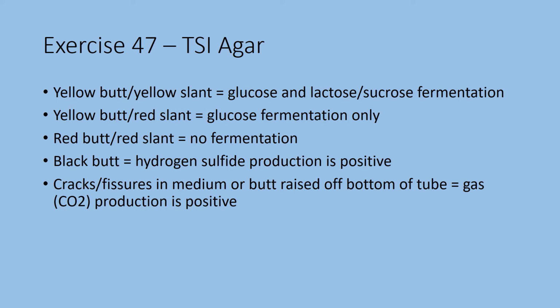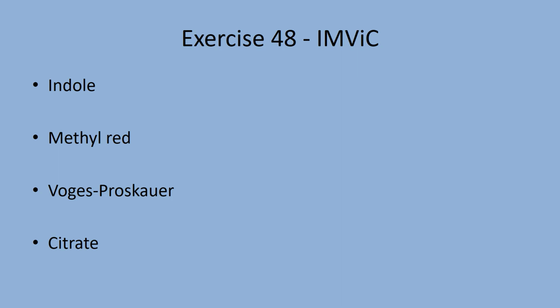During the fermentation process, the gas produced typically is carbon dioxide. Sometimes enough gas is produced that the media resting against the bottom of the tube is actually raised or pushed up some. Once again, we have under video links the results of them to see.